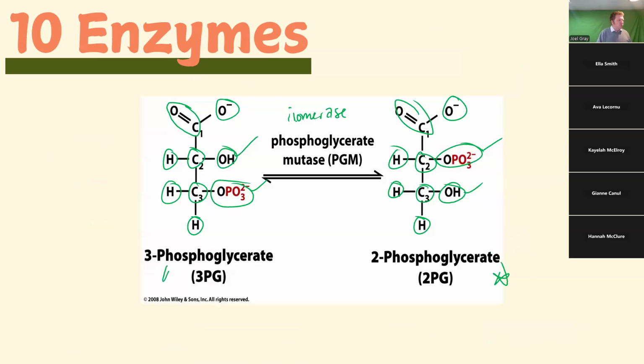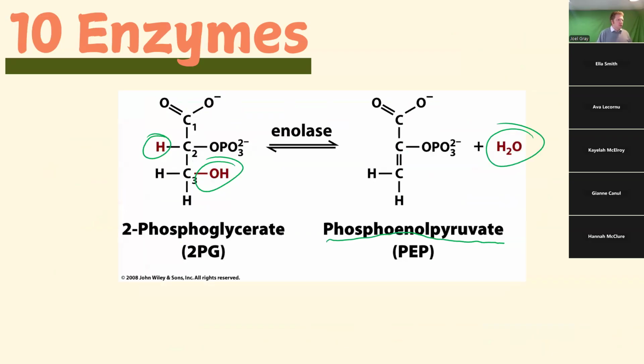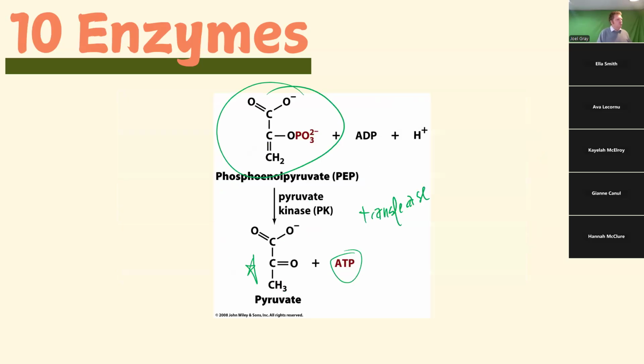Our two 3-phosphoglycerates were used to make two 2-phosphoglycerates. Two phosphoglycerates were used to make two phosphoenol pyruvates and two H2Os. And from that, our two phosphoenol pyruvates were used to make our two pyruvates.